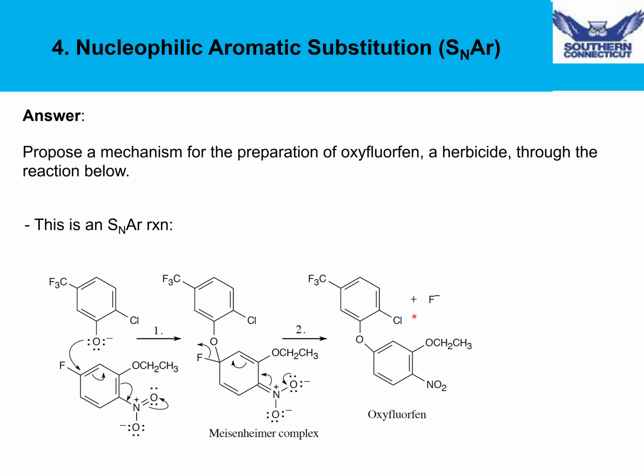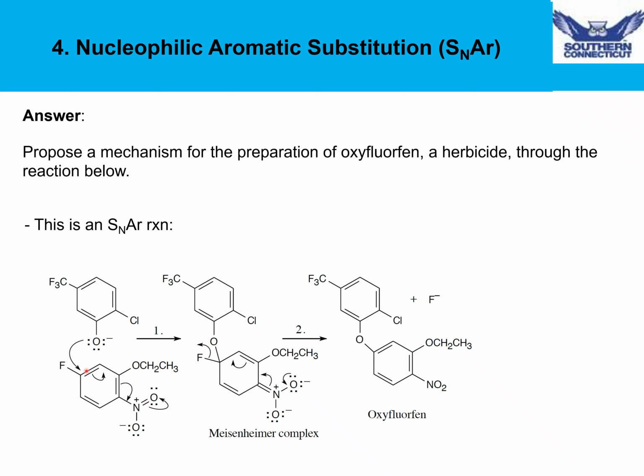The reaction involved to make this herbicide is a nucleophilic substitution reaction, which involves taking the phenol and turning it into the conjugate base by adding potassium hydroxide. The conjugate base of the phenol is a good nucleophile that can add to the carbon that has the fluoride, which is a very good leaving group for the nucleophilic aromatic substitution reaction.